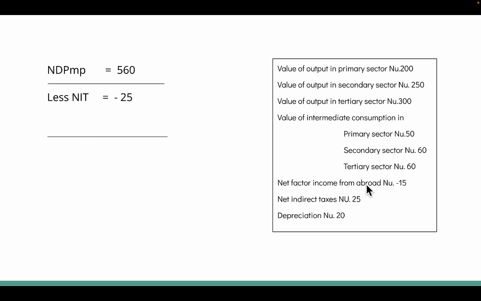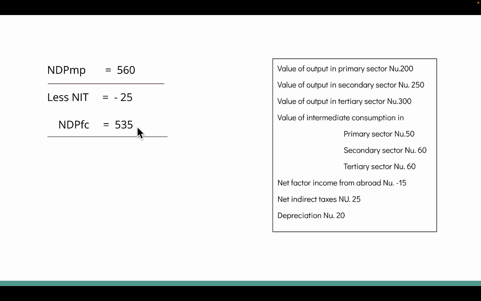What is the value of net indirect taxes in our question? It's 25. If you deduct the net indirect taxes from the market price, we now get our answer: net domestic product at factor cost. So this is our domestic income. Net domestic product at factor cost gives us the domestic income.